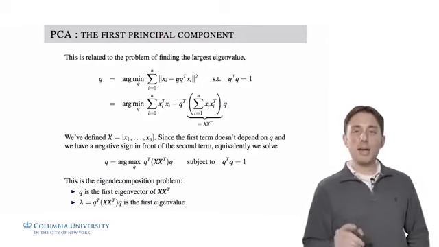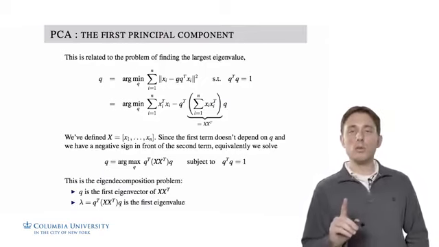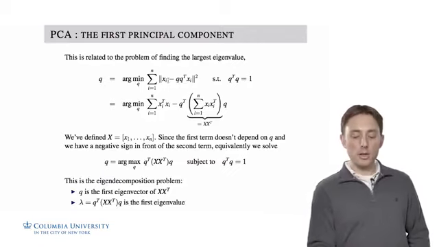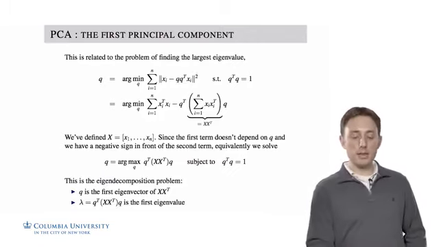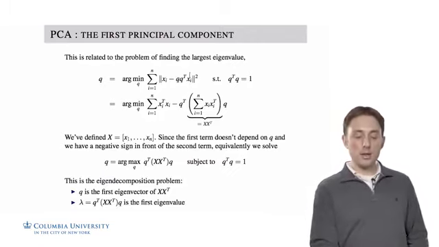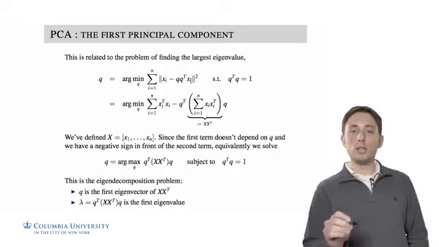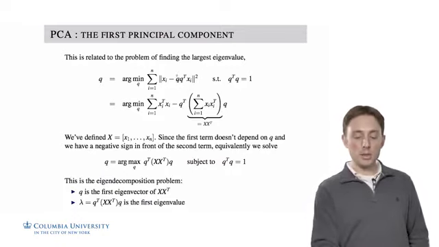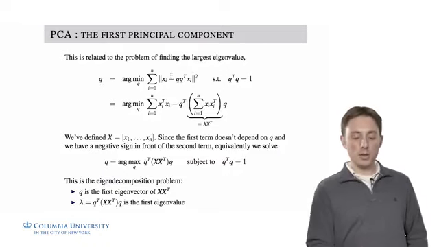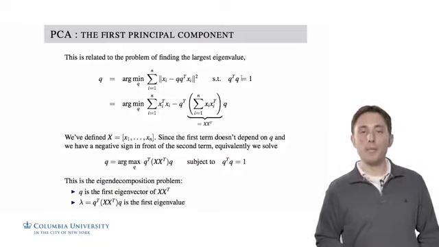We want to find that single high-dimensional vector to approximate the vector xi. We take the dot product of it with xi. That's the amount that we have to stretch that vector to get it as close as possible to xi. So this is our approximation. This is our error. We square the error and sum it up, subject to q having to be unit length.